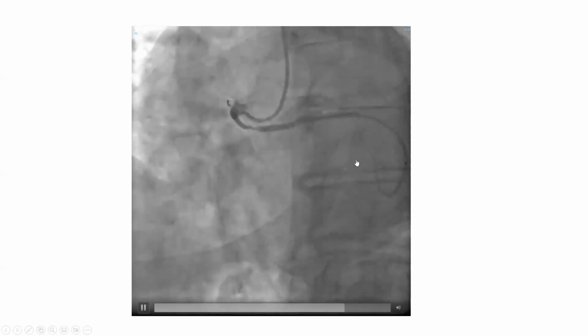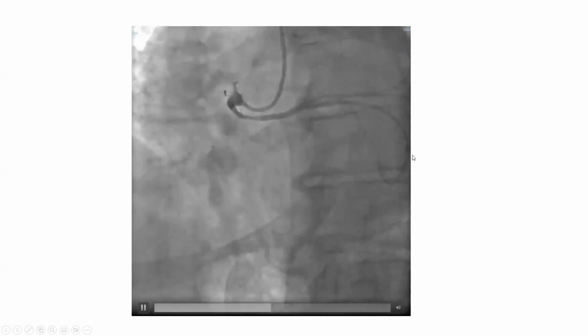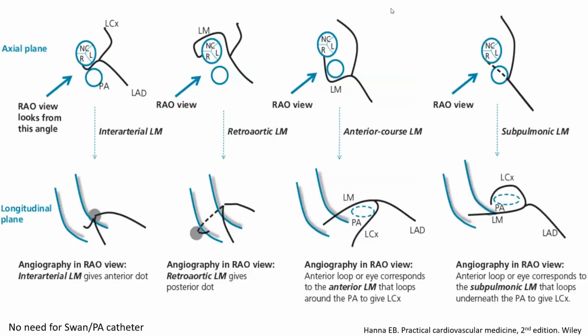What is the course of that circumflex? Well, first you need to know what are the courses. I gave a talk about that last year, but I'll go over it again. There are 4 potential courses for anomalous coronary in general. It could be interarterial between the aorta, which is posterior, and the PA.